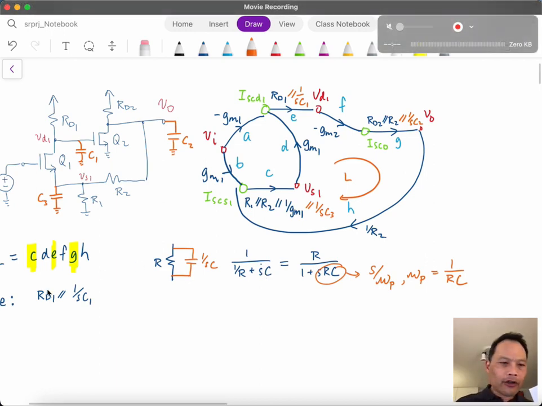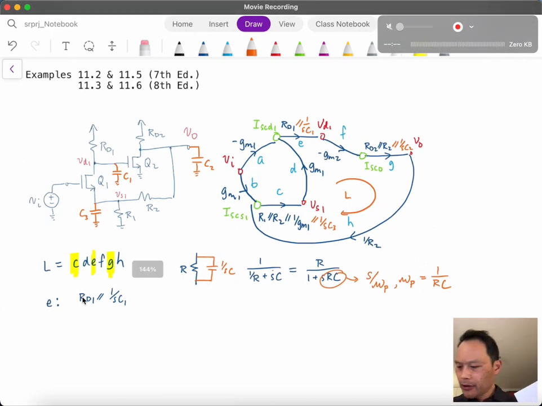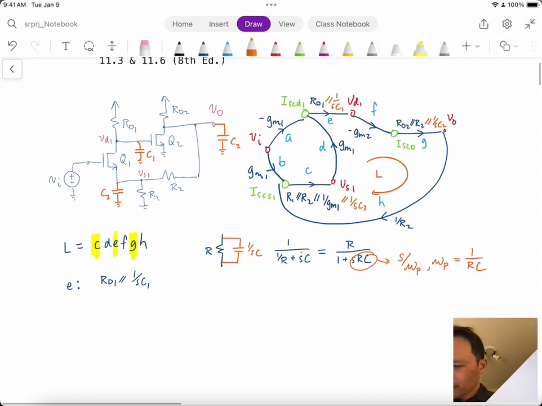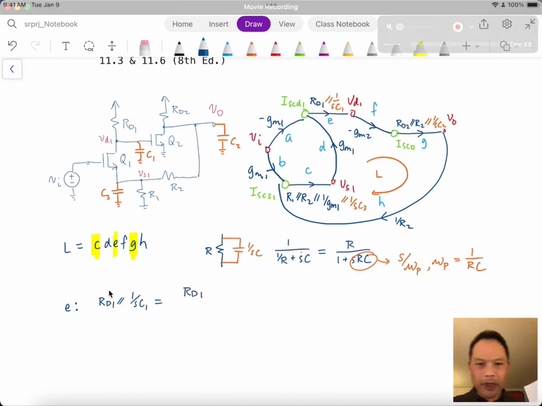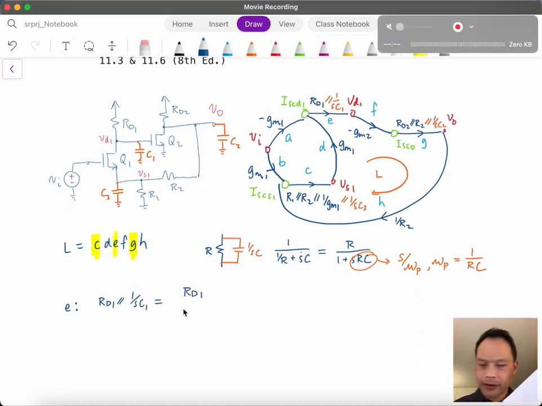So we're adding all of these capacitors in parallel. E, for instance, becomes now, let me just write this down here. E used to be RD, but then we simply add the denominator.